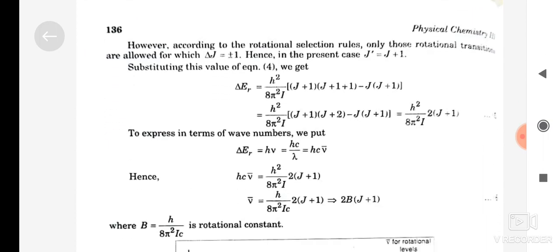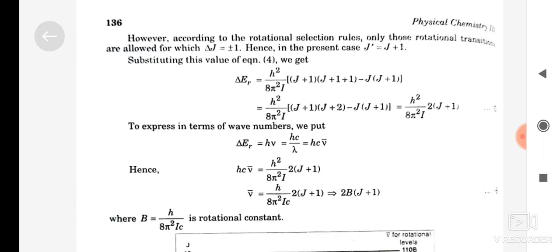However, according to the rotational selection rule, only those rotational transitions are allowed for which del J is equal to plus or minus 1, and hence in the present case J dash is equal to J plus 1. Substituting this value, del ER is equal to h square upon 8 pi square I into 2 into J plus 1.